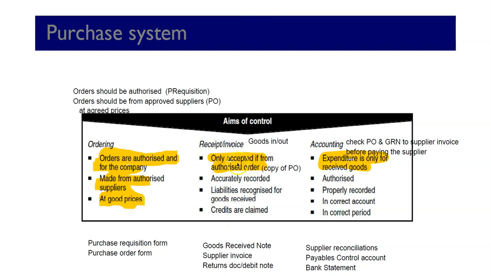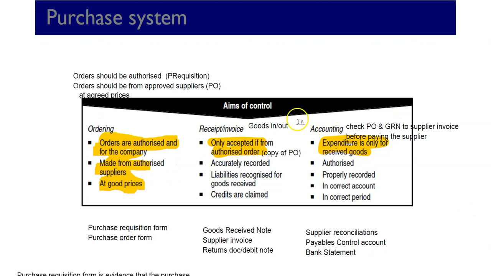And in the goods in department, the key documents are the goods received note, the supplier invoice, which they'll maybe receive as well, and any returns or debit notes that are generated for returns. And in the accounting department, the main control is expenditure is only for received goods.